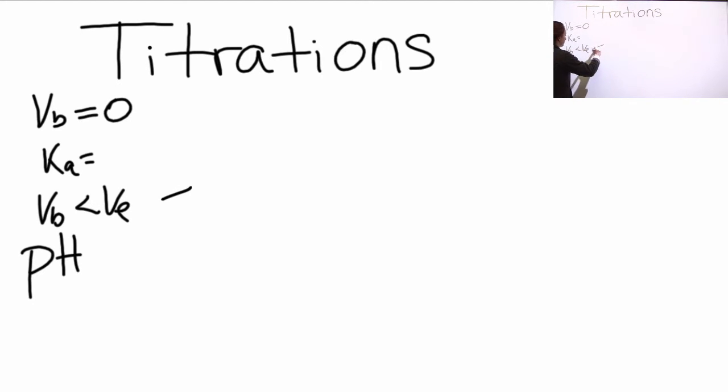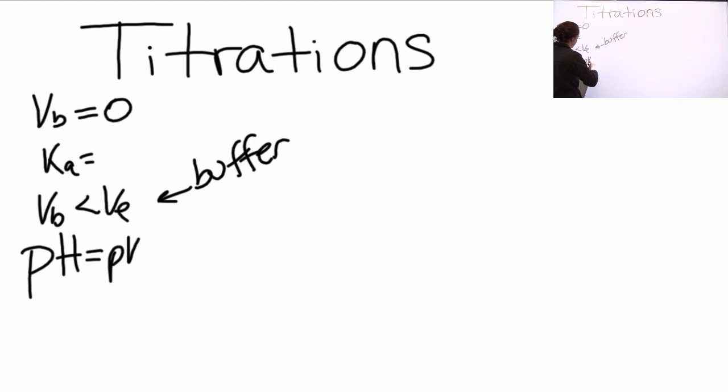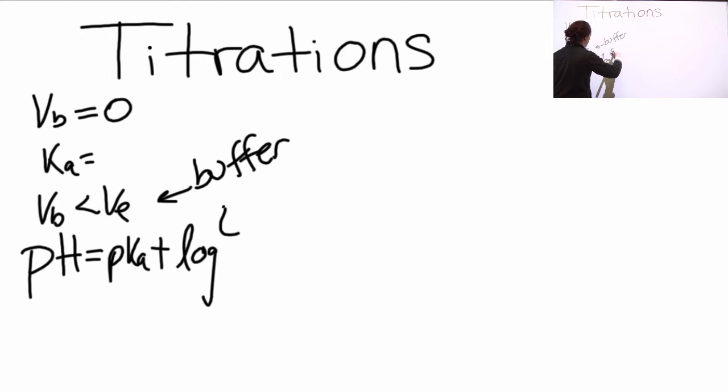Basically, this is going to be acting as a buffer. So you use the buffer formula, which is pH equals pKa of your acid plus log of the concentration of your base over the concentration of your acid.